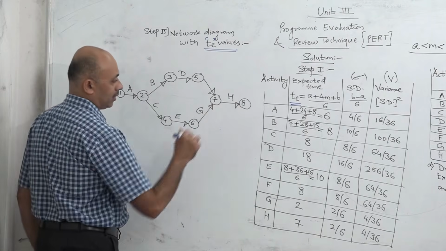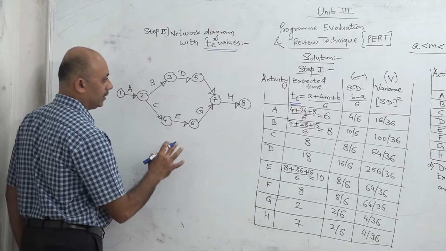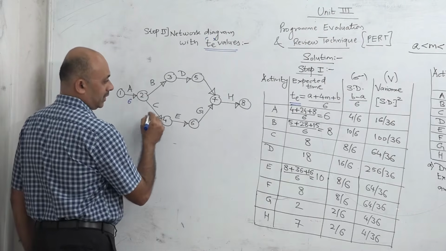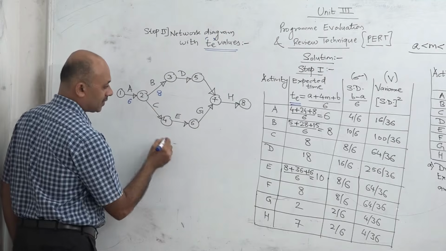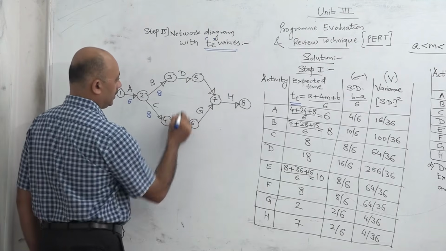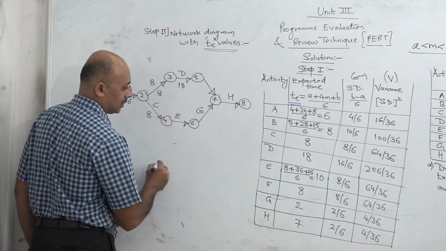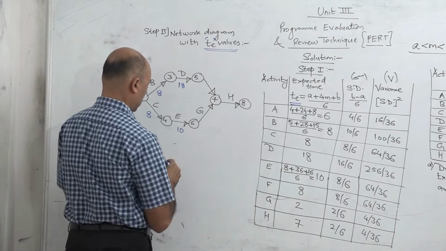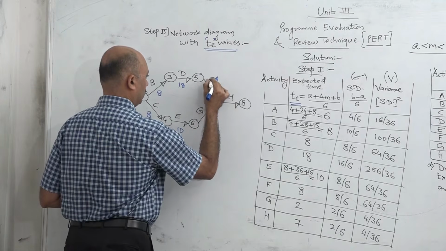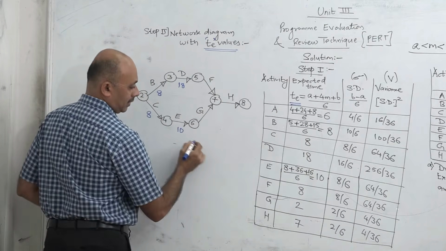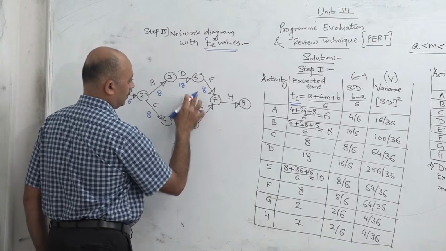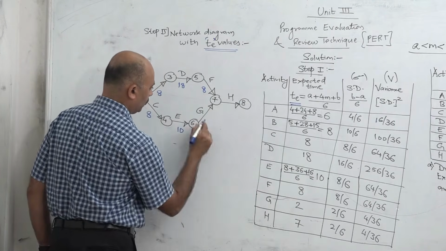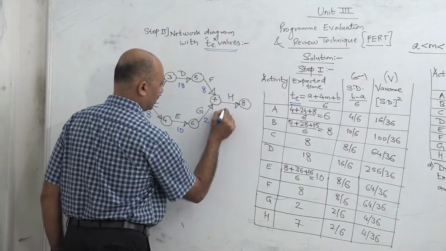Now we will not refer to the pessimistic or optimistic values, only TE values. So A's TE value is 6, B is 8, C is 8, D is 18, E is 10, F is 8, G is 2, and H is 7.